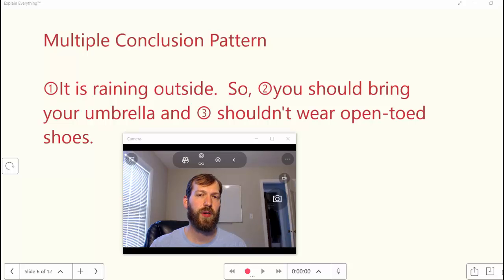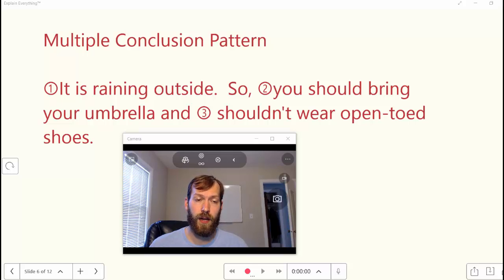So the last pattern that we're going to look at is the multiple conclusion pattern. So sometimes in an argument that someone gives, they'll provide you with a premise that is supposed to suggest not just one other statement to be true, but multiple statements to be true, so 2 or more.